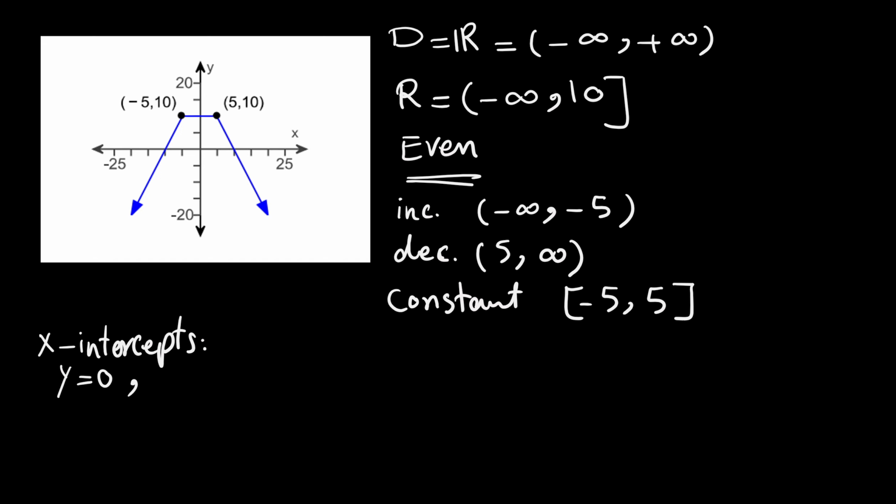Also, if it asks what are the zeros of the function, zeros of the function, also it's the x-intercept. What are the roots for the function? Again, it means the x-intercept. What is the solution set for this function?